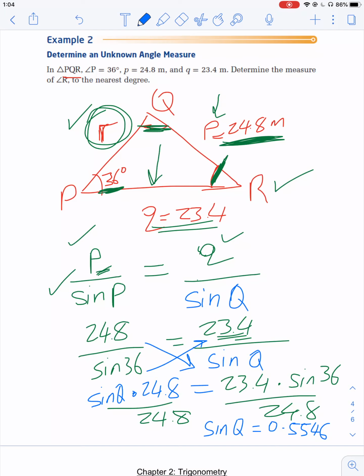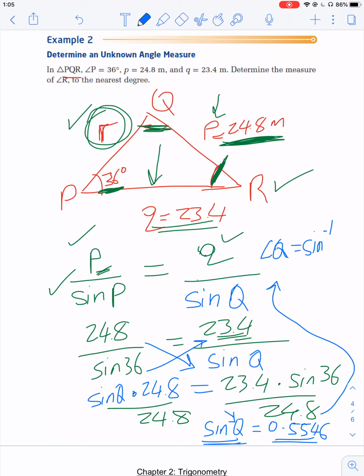Now I'm not done, because I'm not interested in sine Q. I'm actually interested in the angle Q. So how can you find the angle? Just take sine inverse. I'm kind of running out of space because I like to write really big, but let's go up here. Angle Q will just equal sine inverse of whatever I have up here.